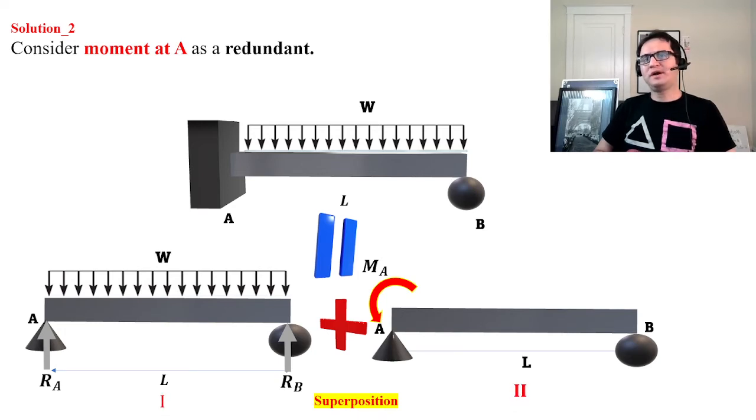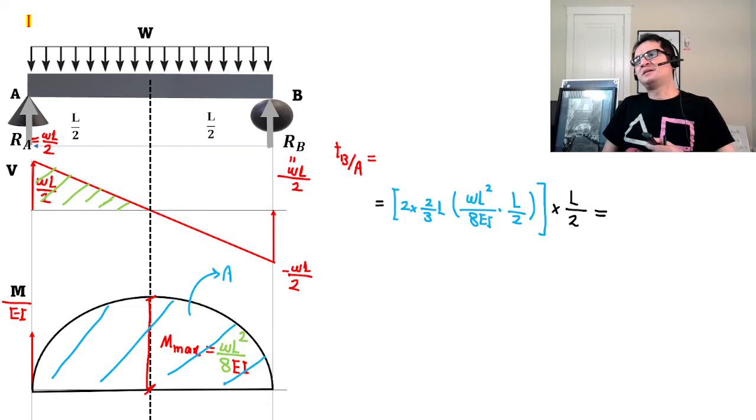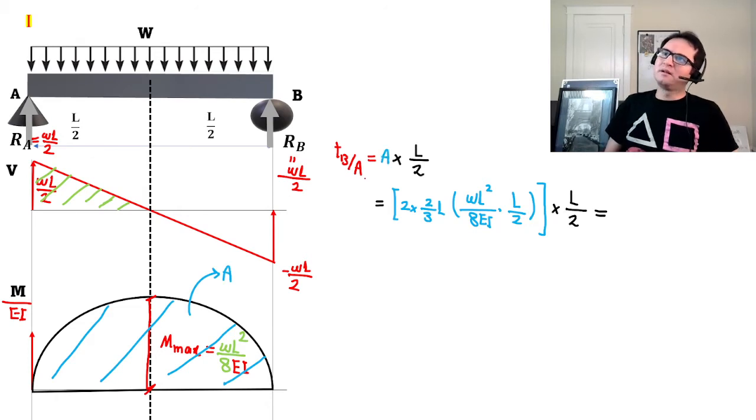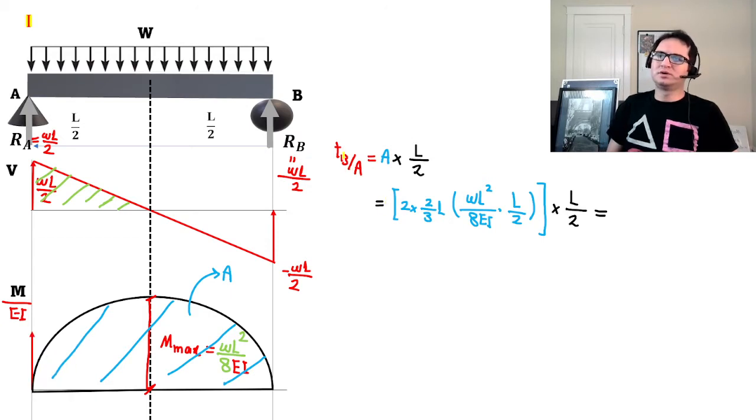If we call them 1 and 2, the first one is a two simple support beam with a uniformly distributed load of W. And if you want to calculate the tangential deviation of B with respect to A, that's A times the area, times L over 2, which is the half of the length of the beam.